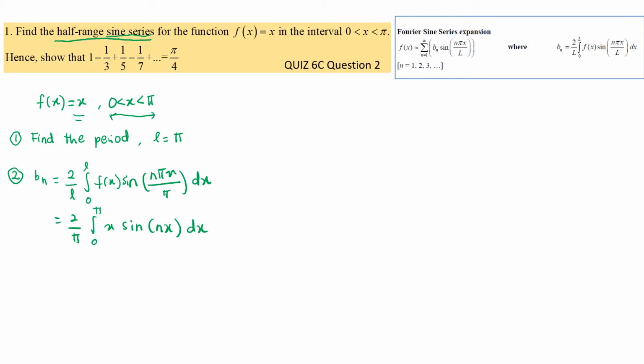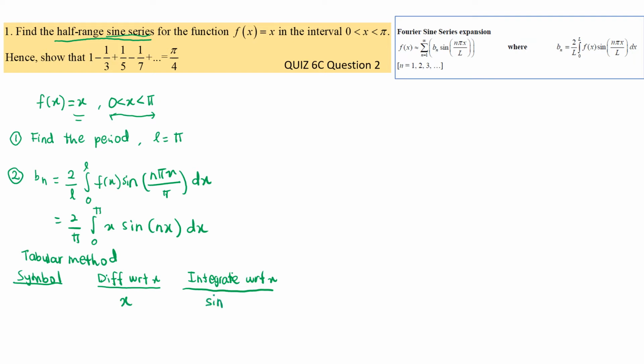It's easier for us to use the tabular method. First you have to know the symbol, then the function to differentiate with respect to x, and the third one is the function to integrate with respect to x. For this case, the differentiation function is x and the integration function is sine of nx.